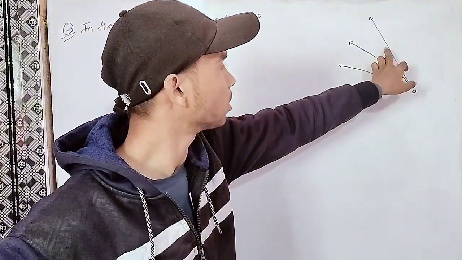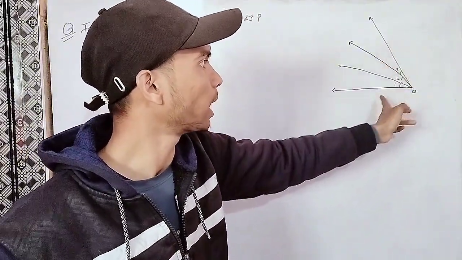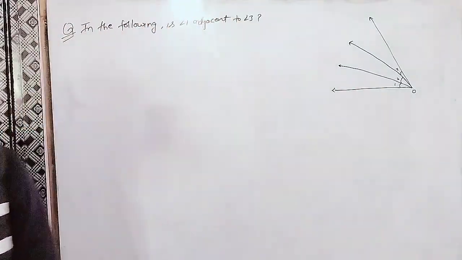So obviously this is not a common arm to angle 1. Angle 3 is not adjacent. Did you understand?